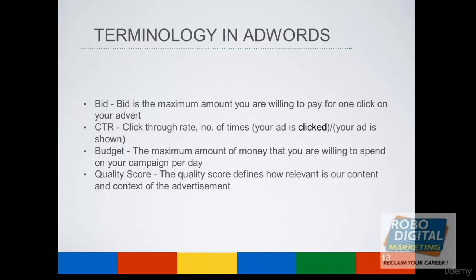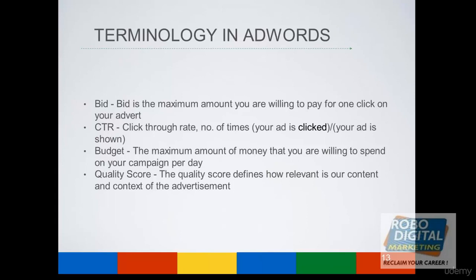So Google might have to run losses because of you, so it will lower your score. I will come to the concept of how it lowers your score and degrades your rank based on click-through rate and bids. But click-through rate is the number of times your ad is clicked upon the total number of times your ad is shown.